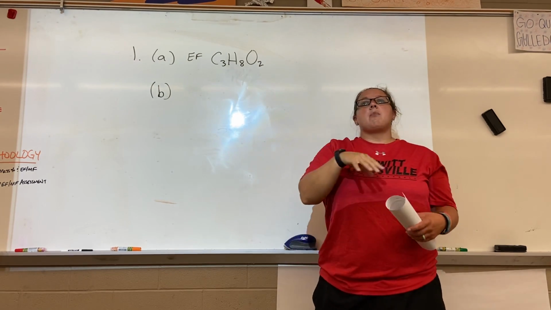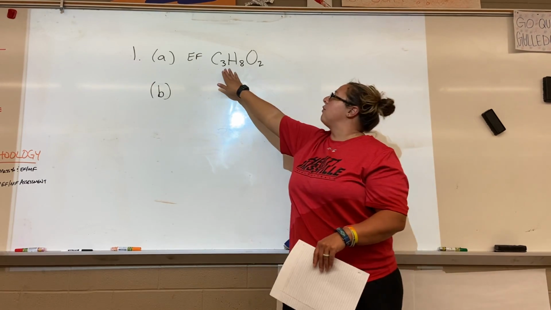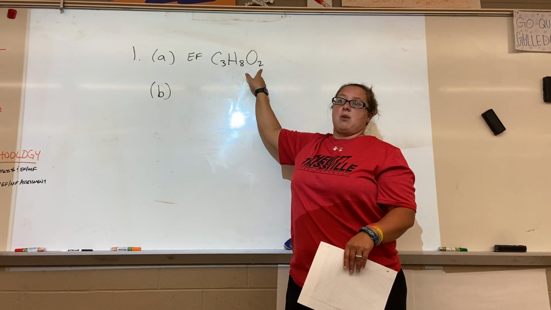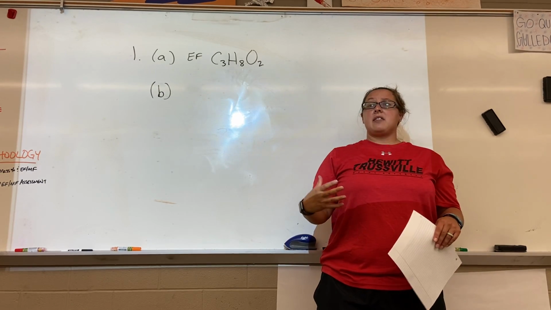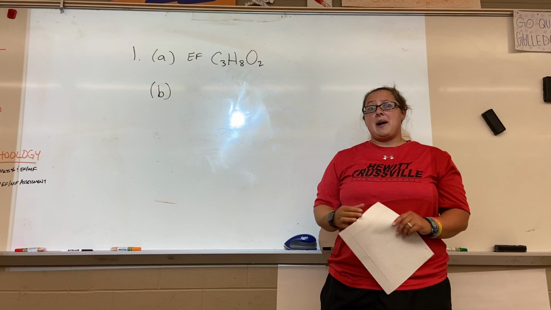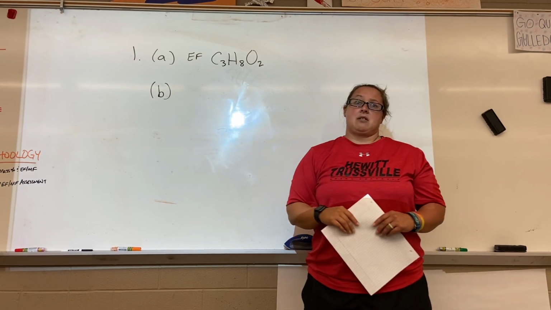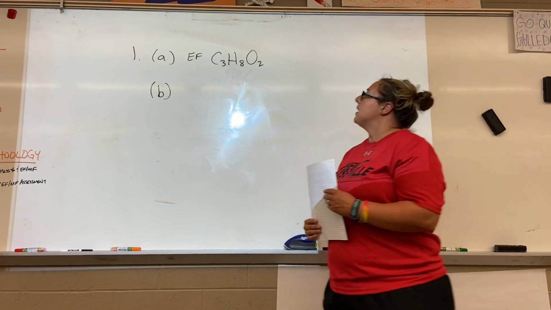But they want to know the molar mass of what the actual compound is. Empirical formulas only show the simplest mole ratio of that compound, okay? These big complex organic compounds, they could be double, triple, quadruple times that. So we want to figure out what the formula actually is, okay?